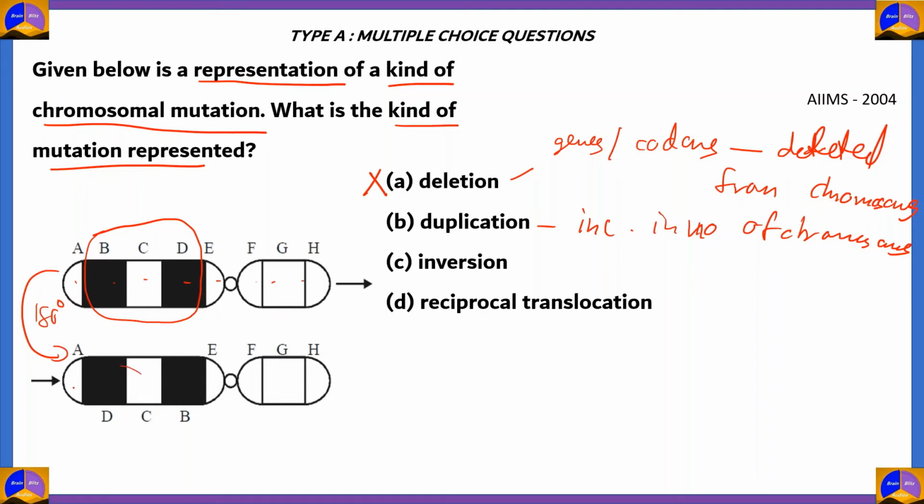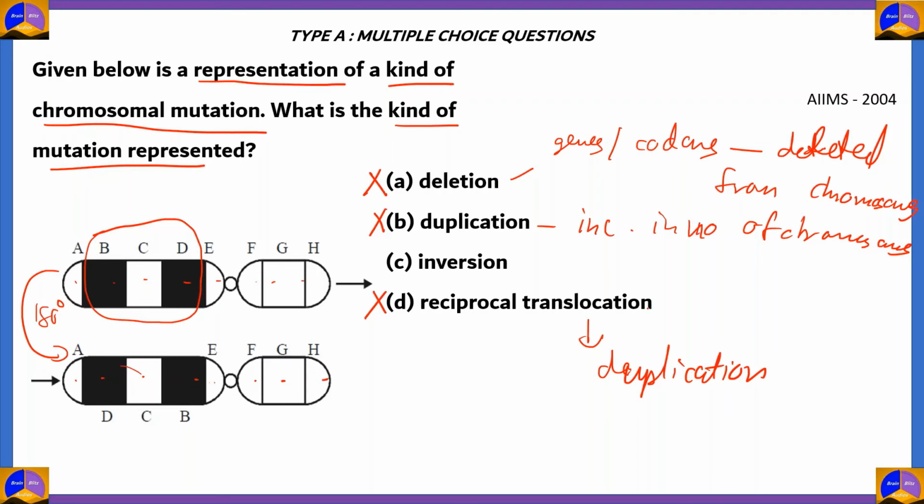And if we look at the diagram below, it's still 1, 2, 3, 4, 5, 6, 7, 8. So both of them have the same number. So duplication does not take place. Option B is incorrect. What about option D, reciprocal translocation? Again, this also leads to duplication, which does not occur in this situation. So option D is incorrect.